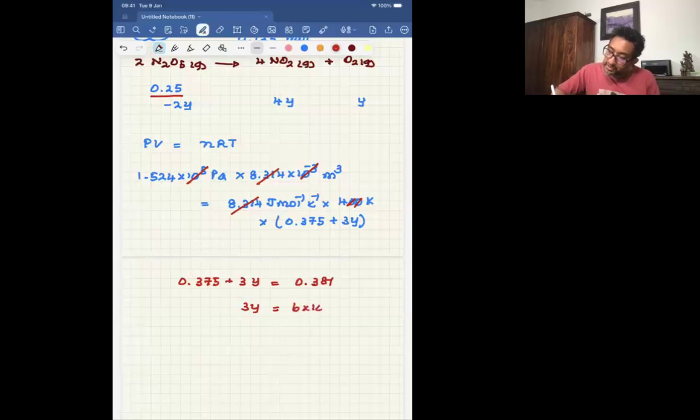It is divisible, so y is equal to 2 × 10^-3. Amount reacted is 4 × 10^-3 moles.